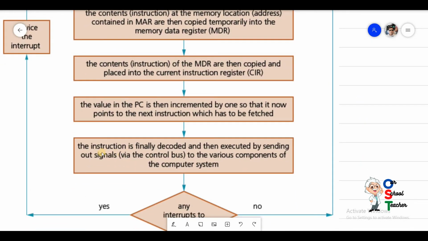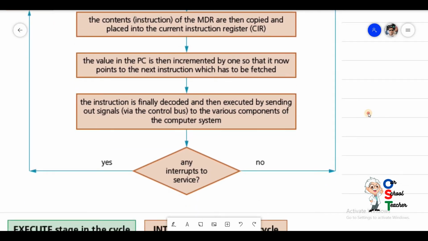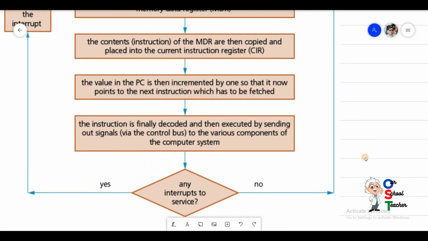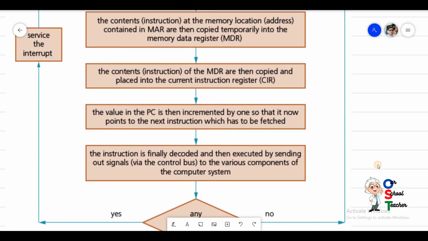Then after this, the instruction is finally decoded and then executed by sending out control signals by the control bus to the different parts of the computer system. Then after this step, the computer checks whether there is any interrupt or not. If there is any interrupt, then it is handled by loading the ISR as I have told you.